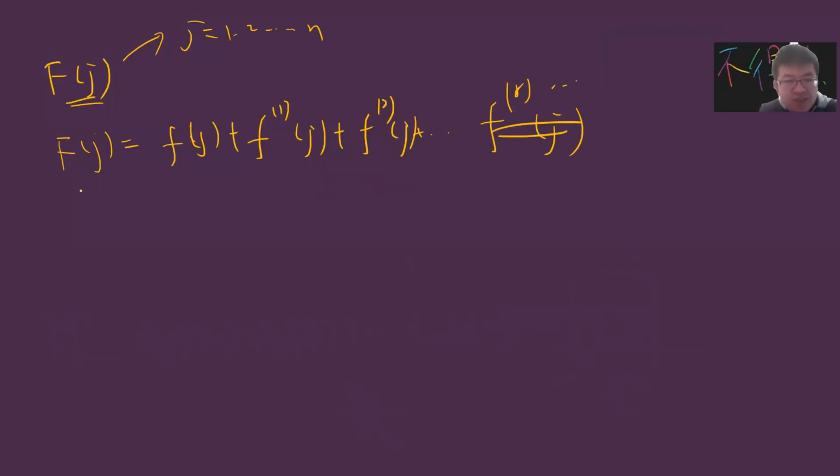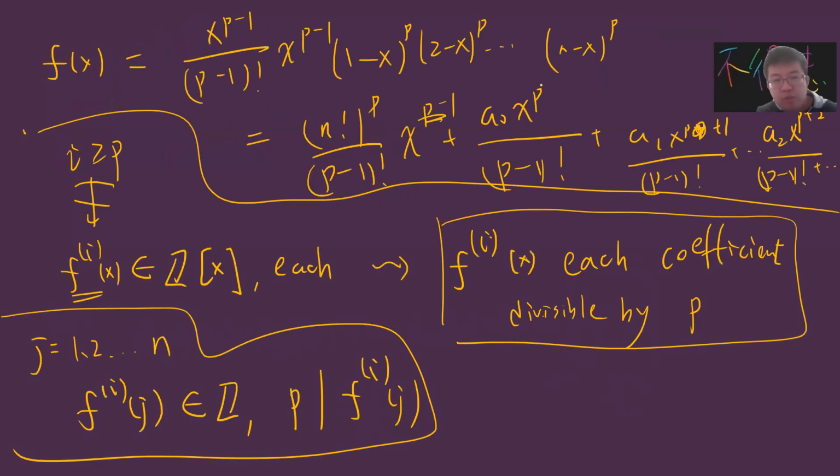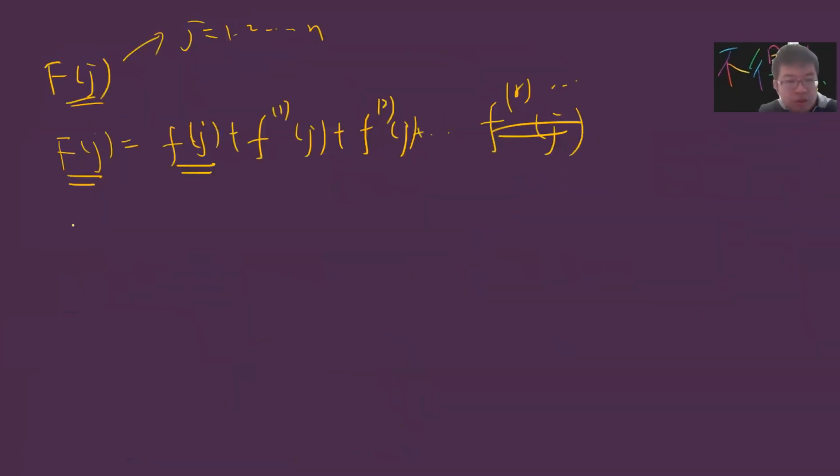Notice that f has multiplicity p at each j. If you plug in j, you get 0 for 1 to n, and if you differentiate, you still get 0, because each factor from 1 to n has multiplicity p.